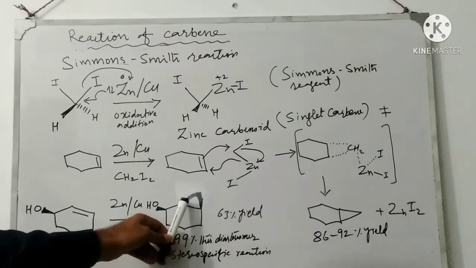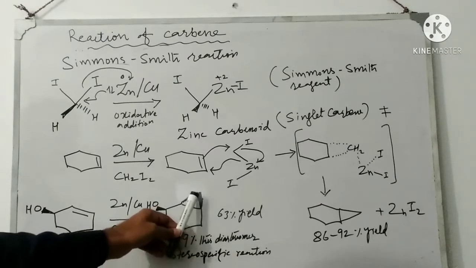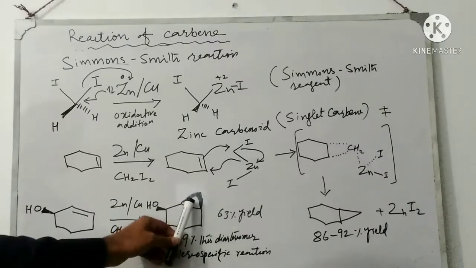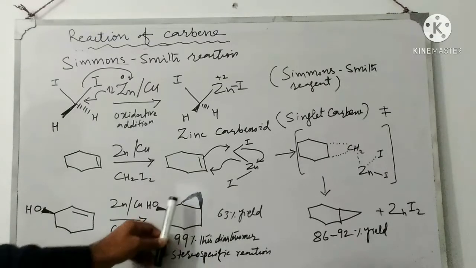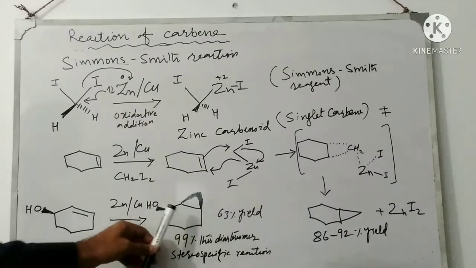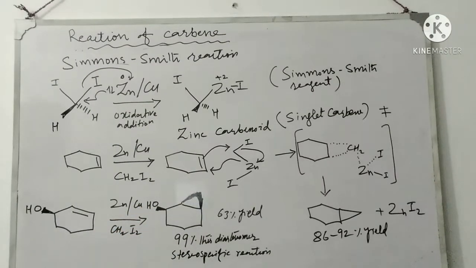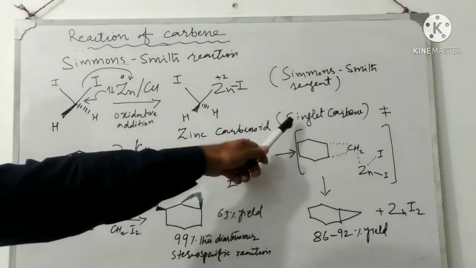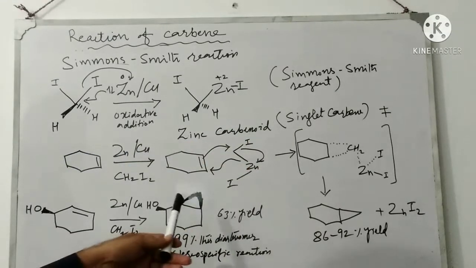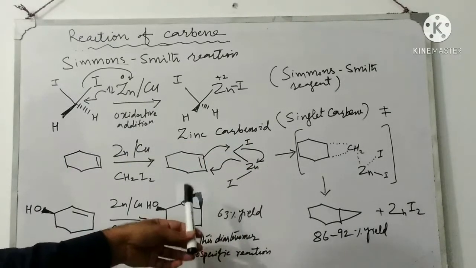With the stereochemistry, you can see that the cyclopropane and the hydroxyl group are on the same face. This is obtained in 63% yield, and this reaction is stereospecific. It means that the zinc carbenoid behaves as a singlet carbene and adds on the same face.